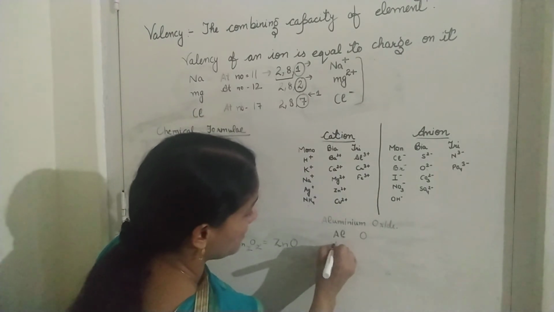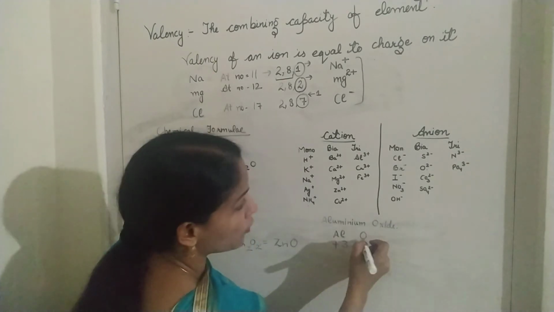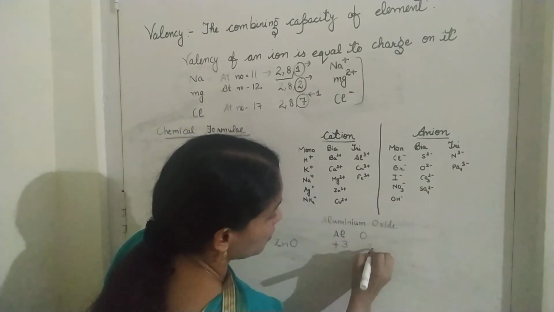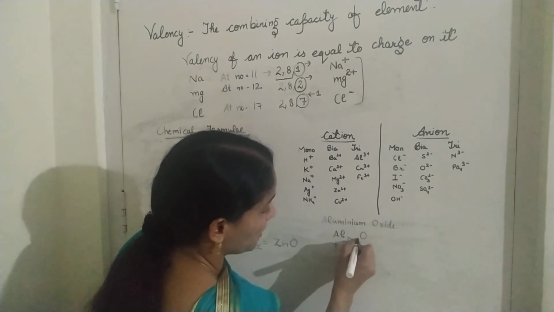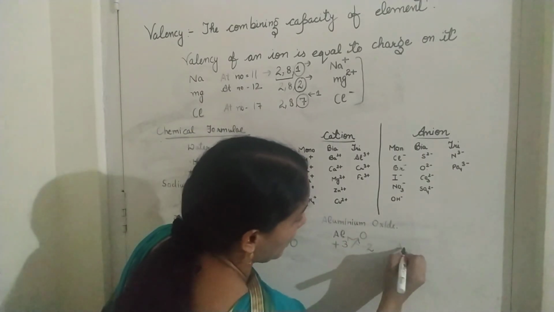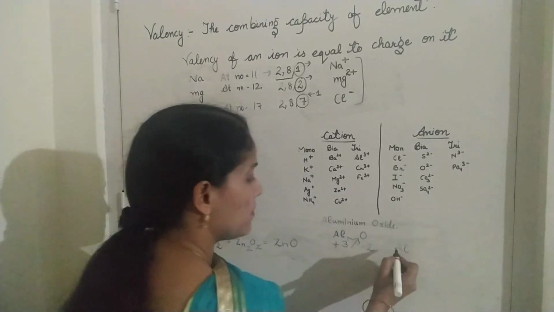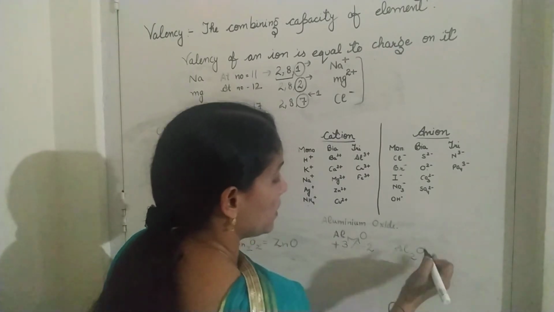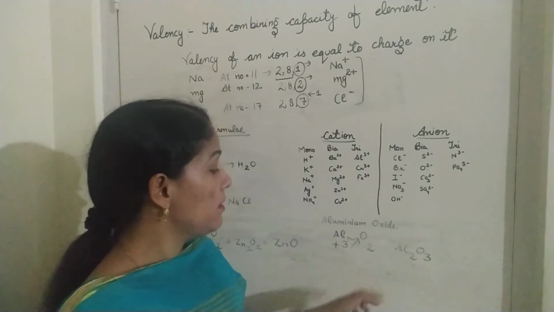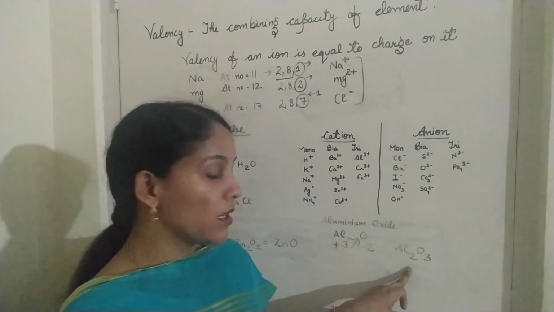So write here +3, and for oxygen -2. On crisscross, what do you get? Al2 and O3. This is the chemical formula for aluminium oxide.